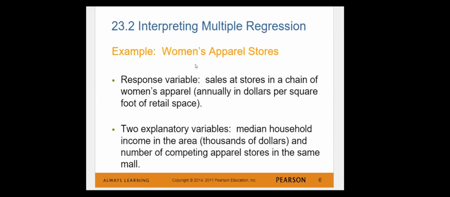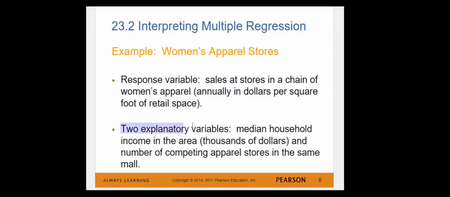So this is the example that we're going to cover today, and let's look at what variables we have. Response variable: sales. So we want to increase sales, we want to manage sales. Chain women's apparel, annually in dollars per square foot of retail space.